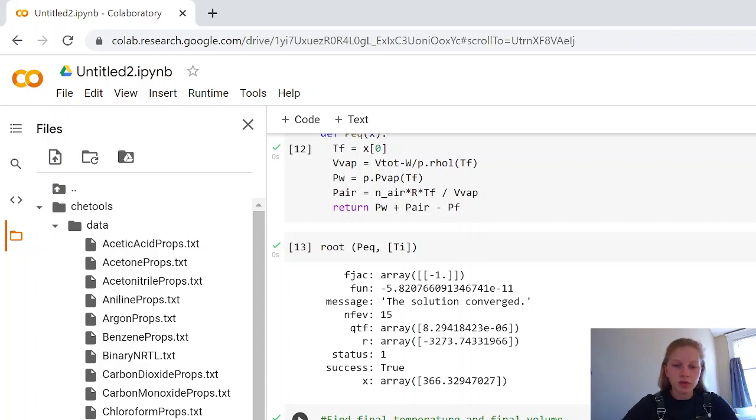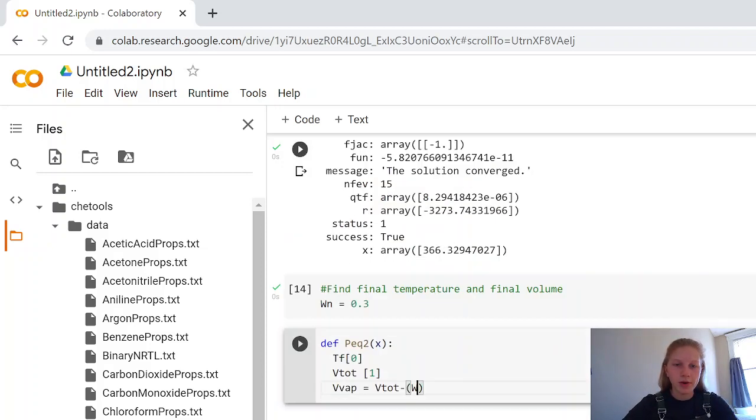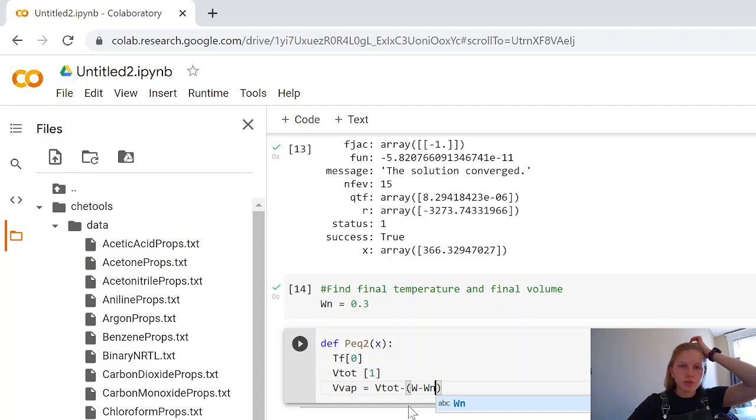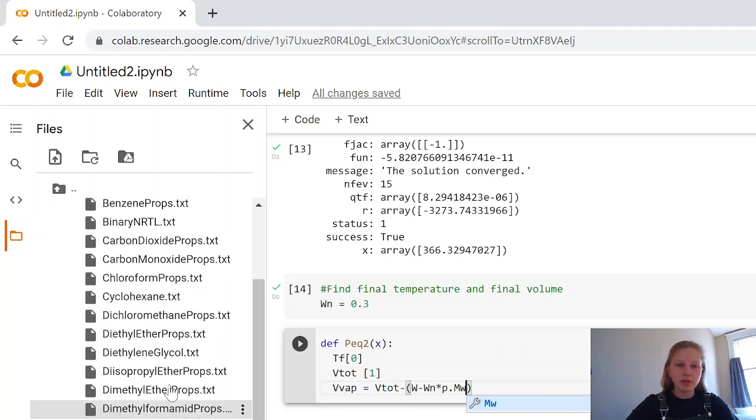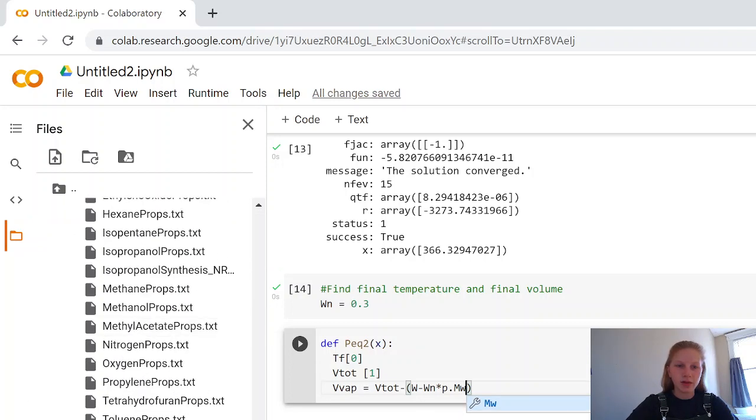So we do the original water, which was the 1 kilogram, minus, but we can't just put in 0.3 because that's the moles of water, so we have to multiply it by the molar mass, which is in W, I think. By the molecular weight, which is in here, in the water properties.